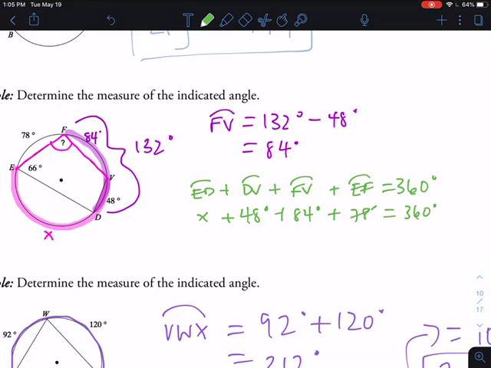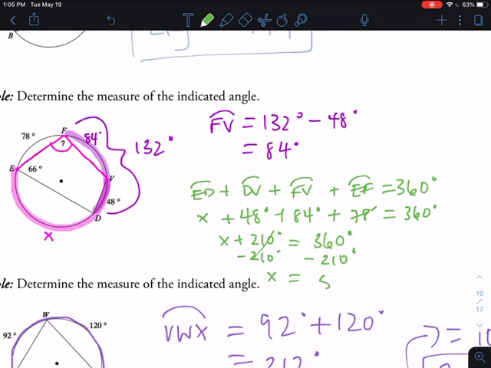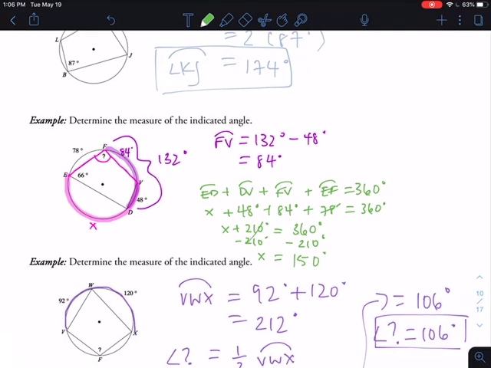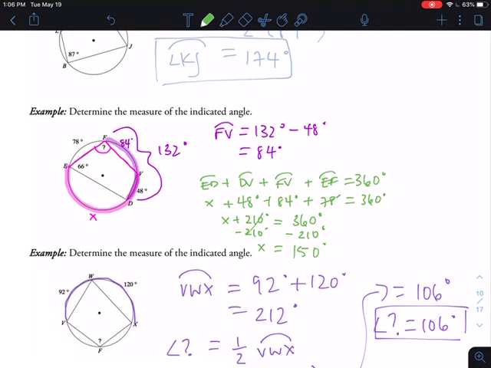Okay, so when I do 48 plus 84 plus 78, I'm doing this in my calculator, it's okay if you are too, that gives me X plus 210 degrees is equal to 360. So when I subtract 210 from both sides, I get that X is equal to 150 degrees.